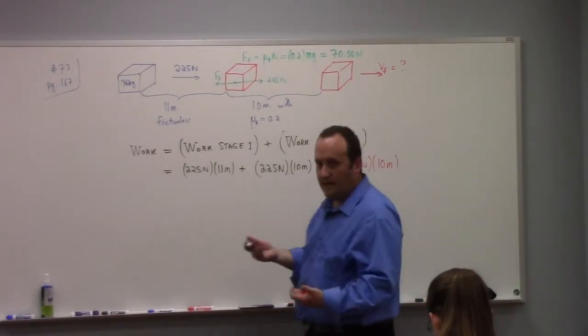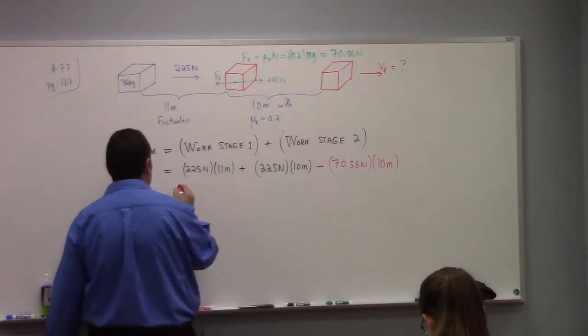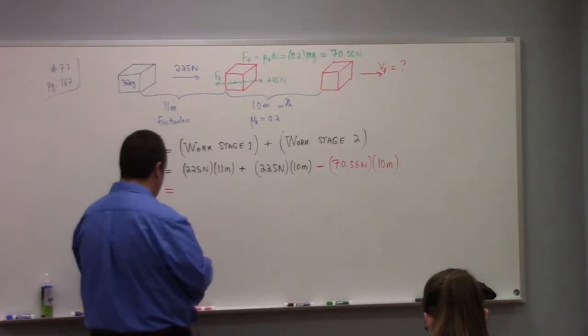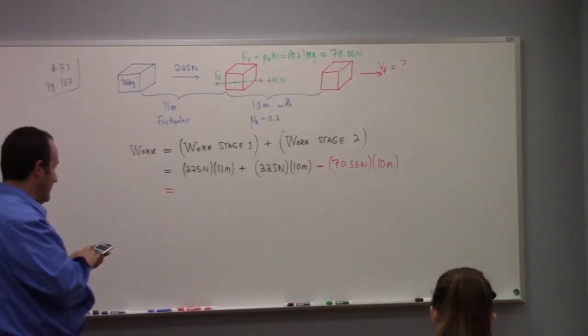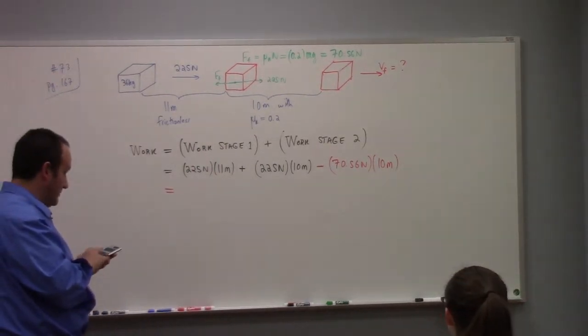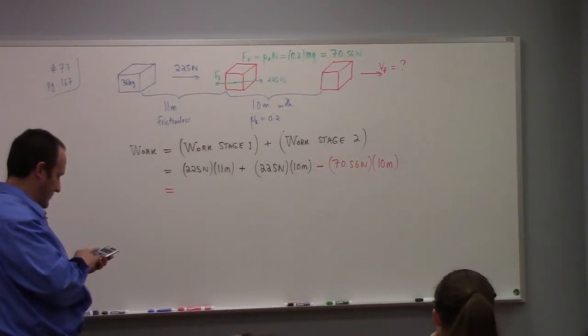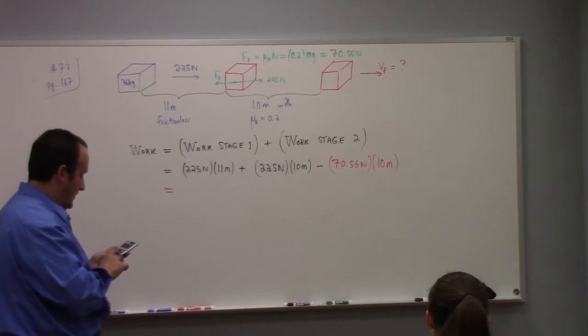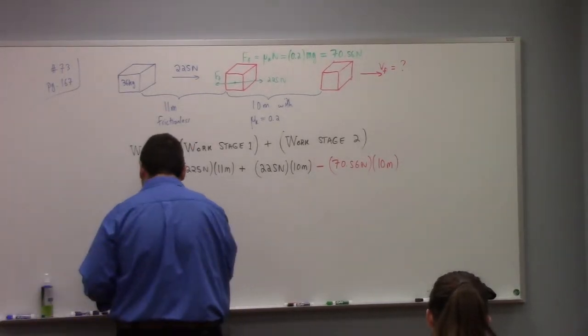So this should give me the net work done in the entire motion, which is 225 times 21 minus 70.56 times 10. I get 4,019.4 joules.